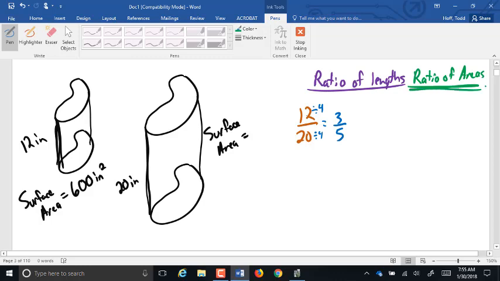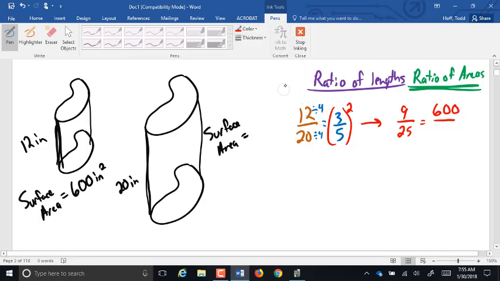Now, surface area is just an area. So I'm going to get my ratio of areas by doing what to my ratio of lengths? Squaring it. That's going to give me 9 over 25. 3 squared is 9. 5 squared is 25. And I know the 600, which goes with the 12, so it goes on top.